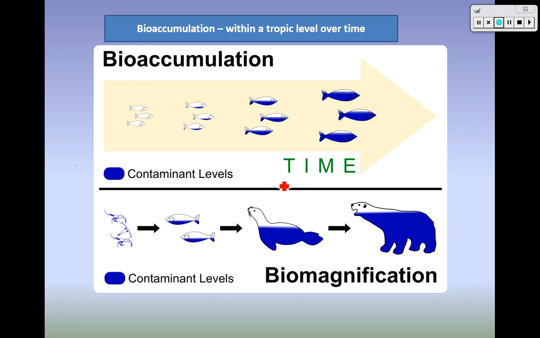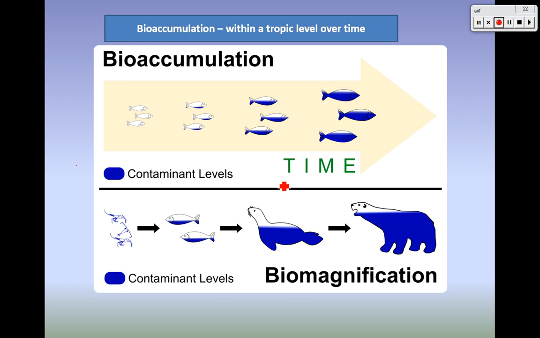And over time, contaminants will build up in them, simply because contaminants are things that our bodies can't get rid of. So our bodies are really good at getting rid of a lot of waste, and a lot of the things we don't need, but there are some things that our bodies aren't good at getting rid of. Heavy metals are one of those, so like mercury will build up in a human's body over time. And then also certain toxins and pesticides that are so new that our bodies haven't evolved to have a way of getting rid of them.